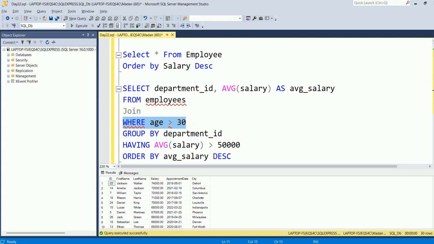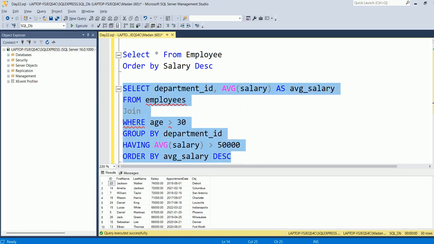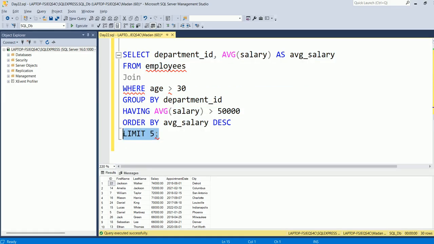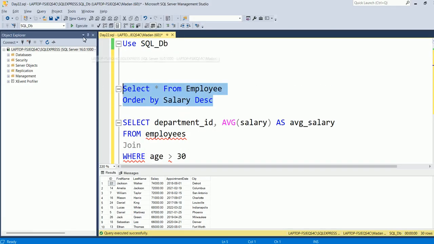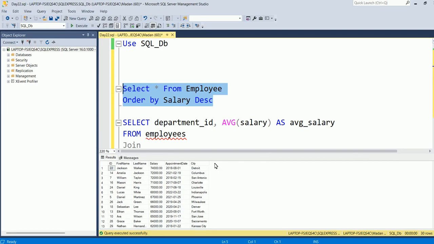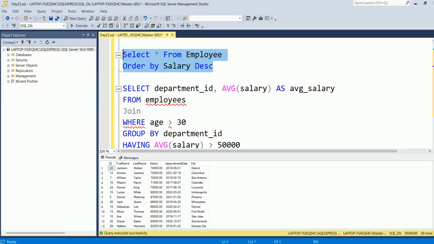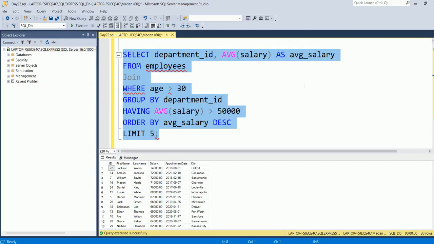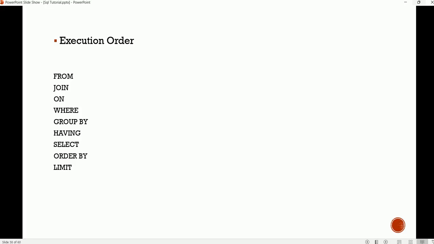Then followed by group by or having, and then the select statement will execute, and after that the order by. We got the result in just a few milliseconds, but what the SQL engine actually executed for this whole query is what matters. This was the execution order.